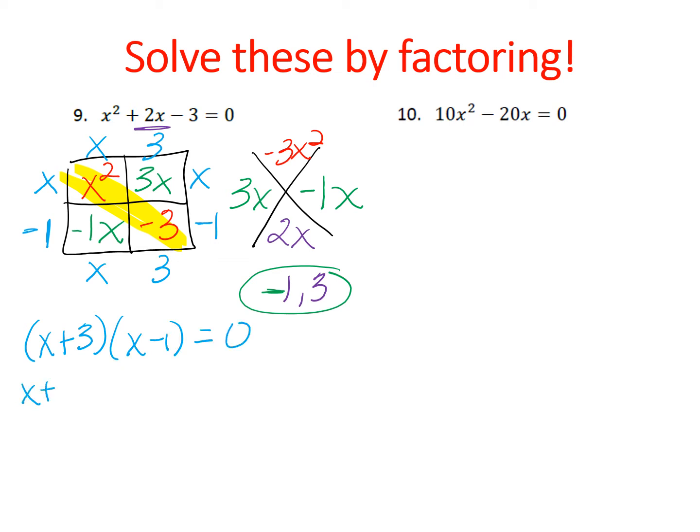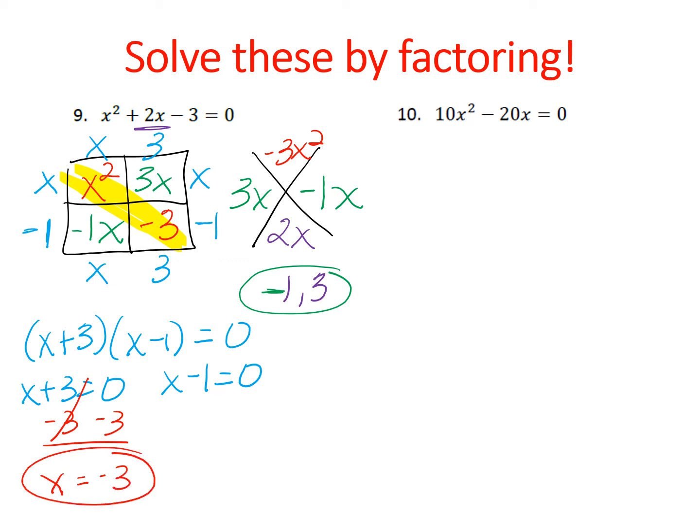And then we set each of those equal to 0, because we're multiplying, so one or both has to be equal to 0. And then to solve, for the first one, we can subtract 3 from both sides and we get x equals -3. For the second one, we add 1 to both sides, and x equals 1. So we came up with 2 different answers, as we have seen in the past.